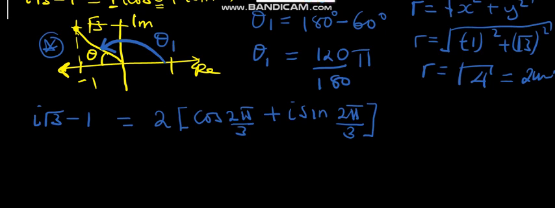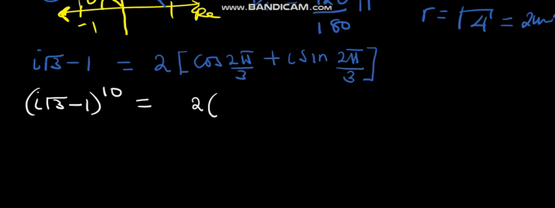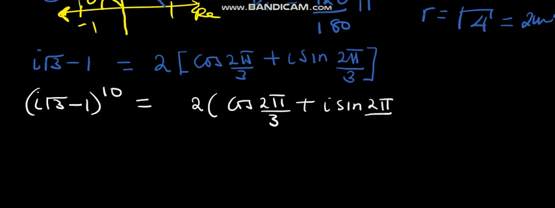Question 2, they want us to express i√3 − 1 to power 10 in its simplest form. This one can be written as 2 open brackets cos of 2π out of 3 plus i sin of 2π out of 3, everything to power 10.